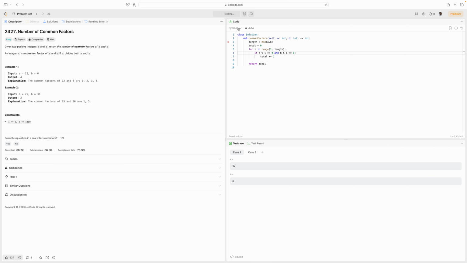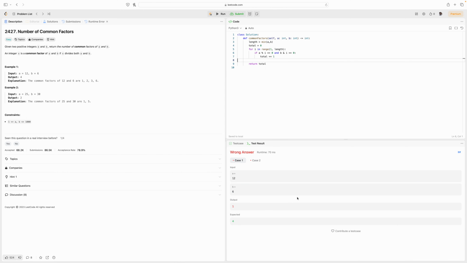And that's it. Let's see if that works. Output 1, expected 6. Okay.